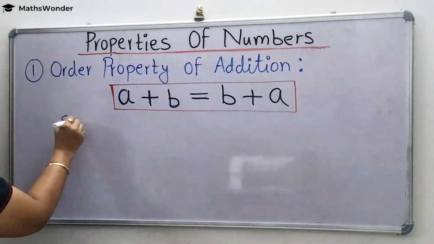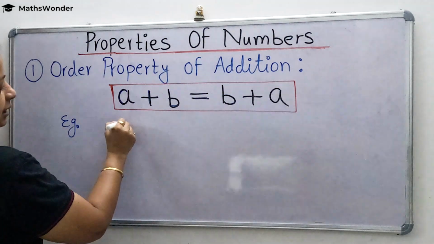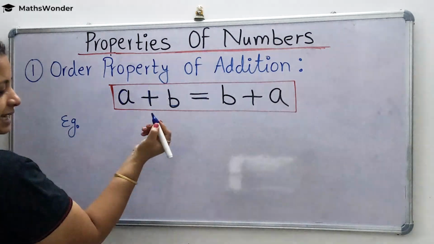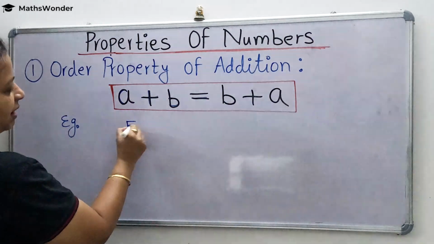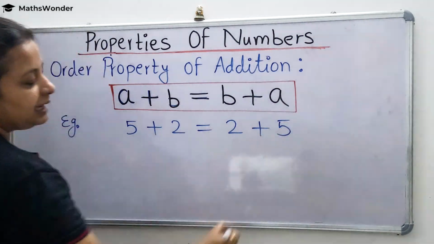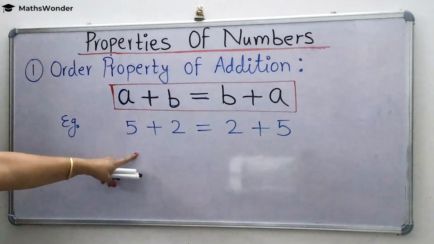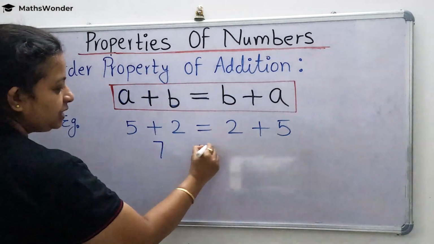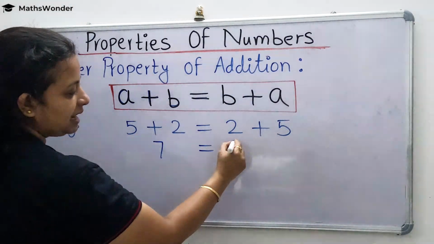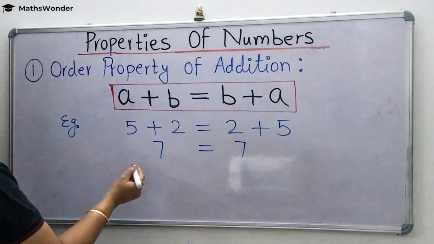Now I am taking a very simple example. Suppose single-digit numbers: 5 plus 2 and 2 plus 5. If you change the order, check, the addition remains the same. 5 plus 2 is 7, and when you change the order, 2 plus 5 also becomes 7. Now we'll take 3-digit numbers.